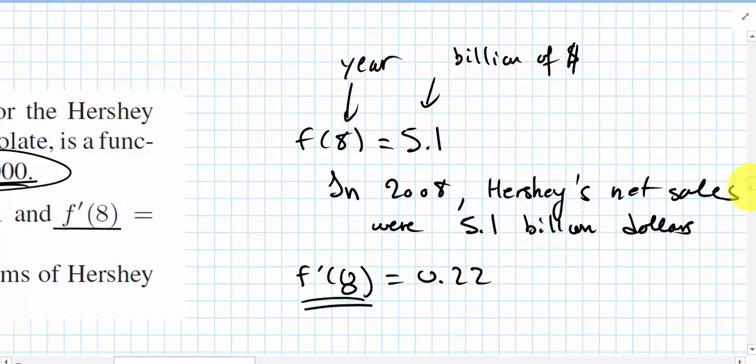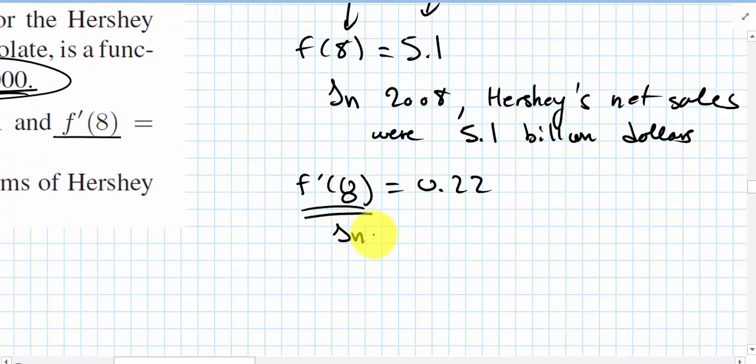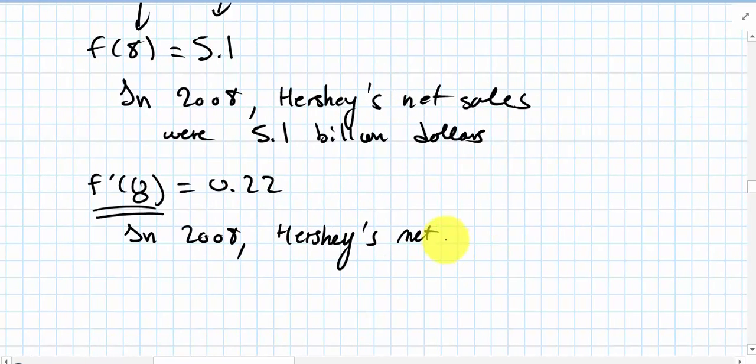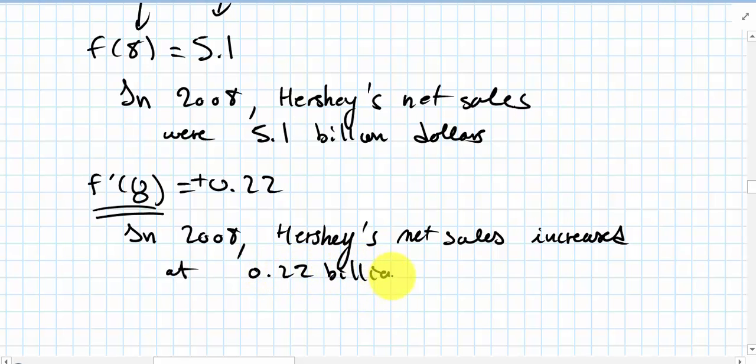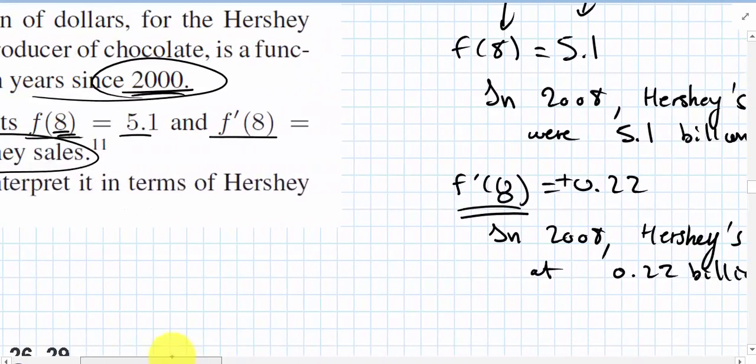So that means that in 2008, Hershey's net sales increased, right? It's positive right here. Increased at $0.22 billion per year. That's what it means. It's the meaning of the derivative.